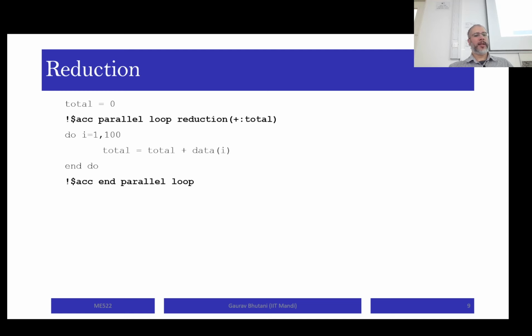If you have ACC where each thread is handling one element of data, total is a variable which exists on all the threads, and each thread's total will have the contribution from one element of data. All they have to do is reduce that using the addition operation and combine all the totals. This is very similar to OpenMP: acc parallel loop reduction(+:total), exactly the same as OpenMP.